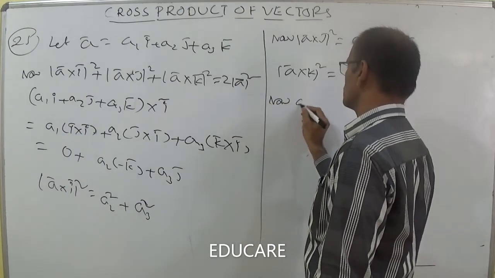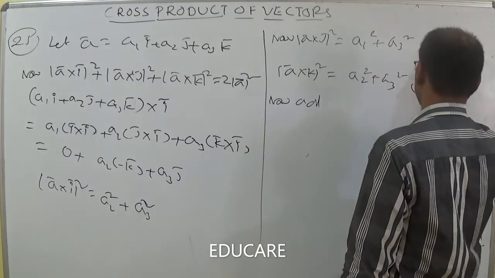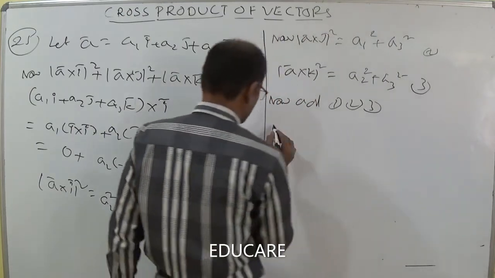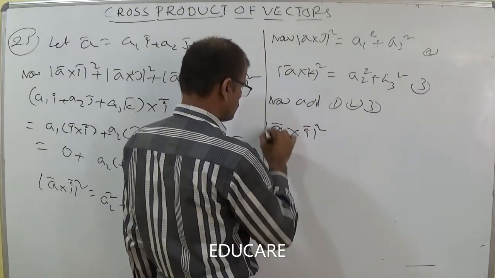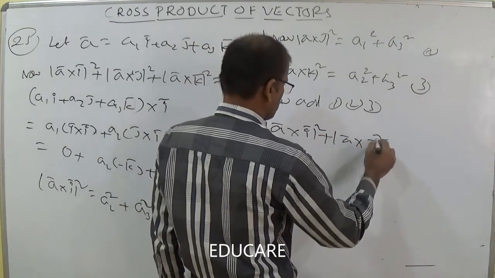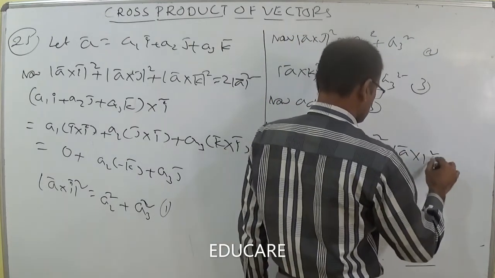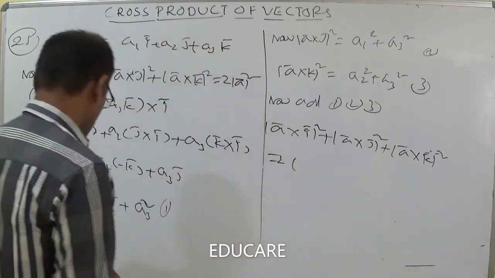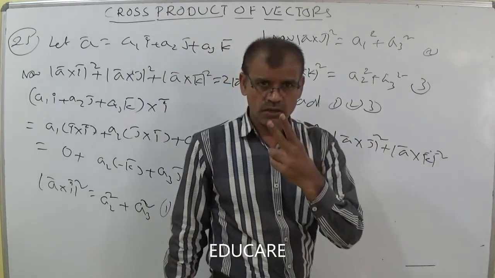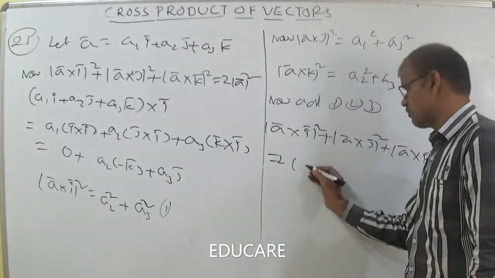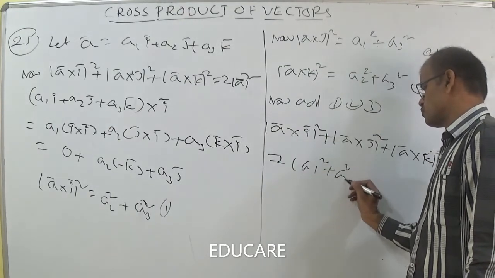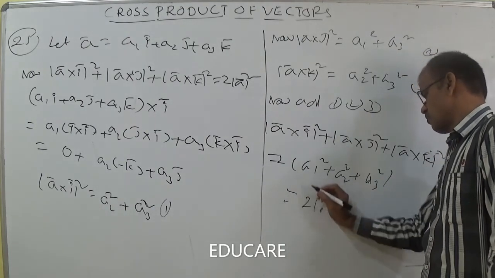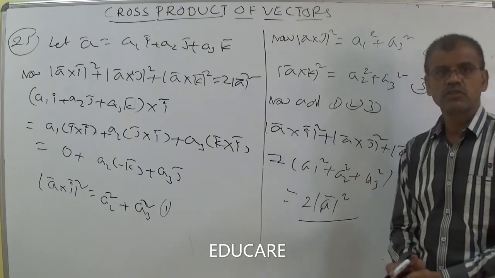Now add all these things. You can write A bar cross i bar whole square plus A bar cross j bar whole square plus A bar cross k bar whole square is equal to, you can understand, two A1 squares, two A2 squares and two A3 squares. So 2 into (A1 square plus A2 square plus A3 square), which is the magnitude of the given vector whole square.